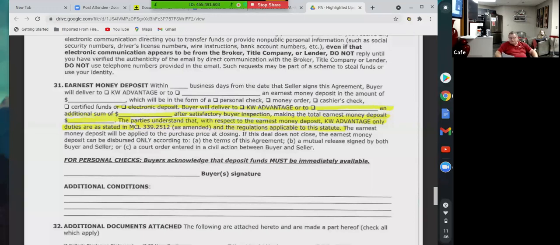All right, the next part was changed. The parties understand that with respect to earnest money, KW Advantage's only duties are as stated and the regulations applicable to the statute. And the reason we put that in is we have had issues where you guys don't collect the check accidentally.